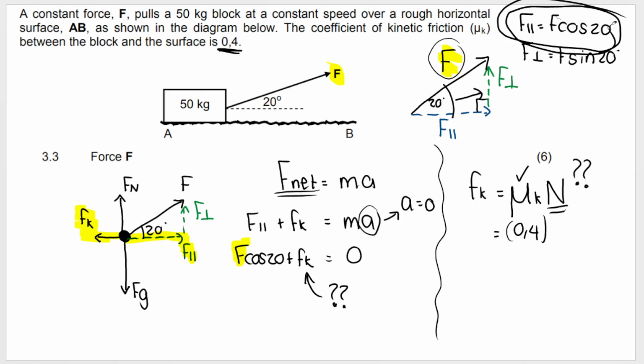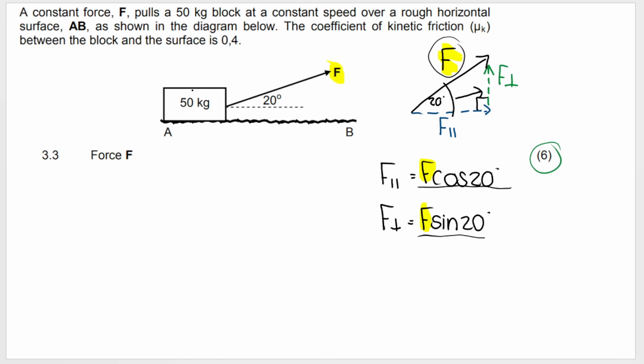Now, a lot of students say this to me. They say, but ma'am, isn't the normal force the same thing as Fg? Remember, normal force is the force going like that. Now, this is very, very important, so I want you to listen to me very carefully.